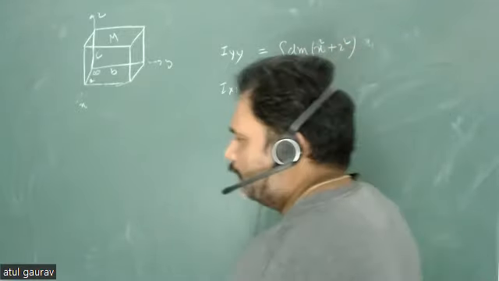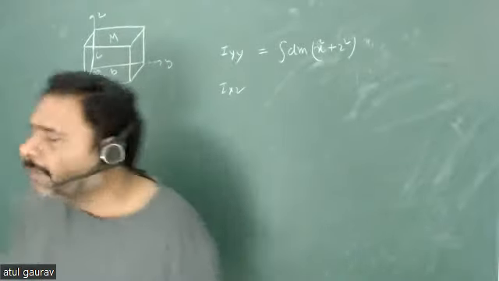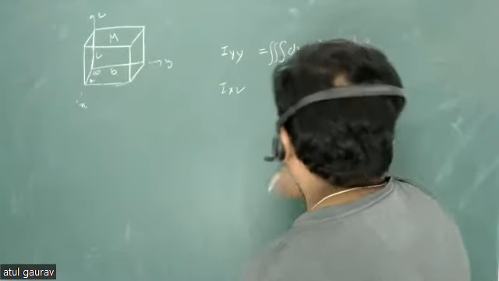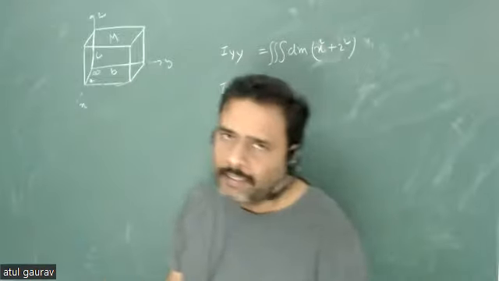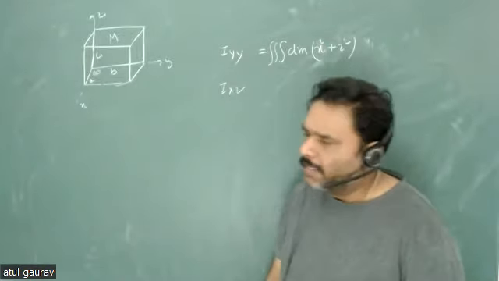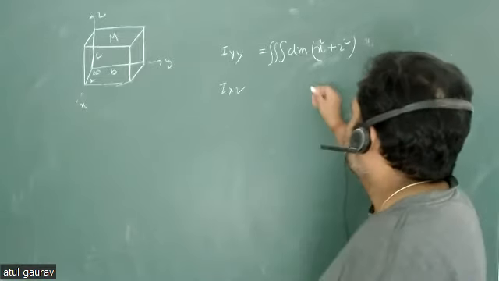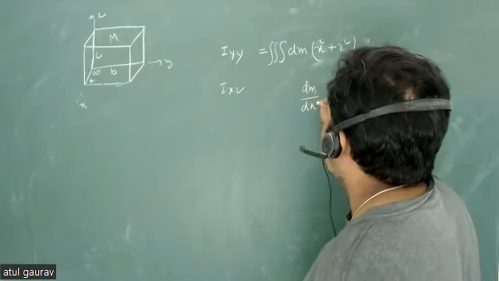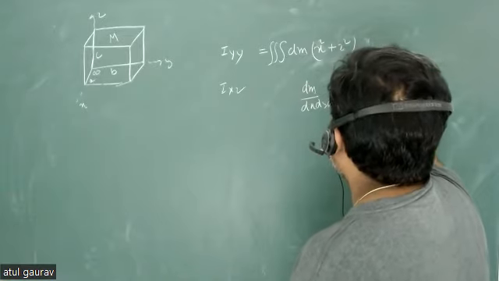So is this single integration, double integration, or triple integration? Triple integration. Great. So now, which coordinate system is the best one? Cartesian or any other? Cartesian, because this is just a linear symmetry of a distribution of mass. So can I write dm upon dx dy dz is equal to m upon abc?